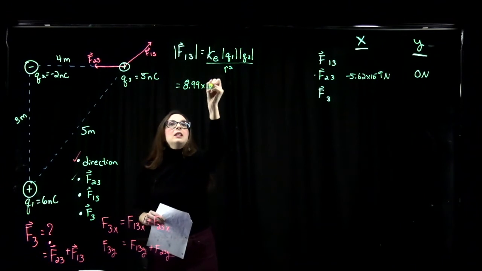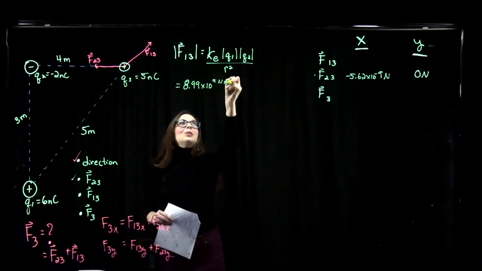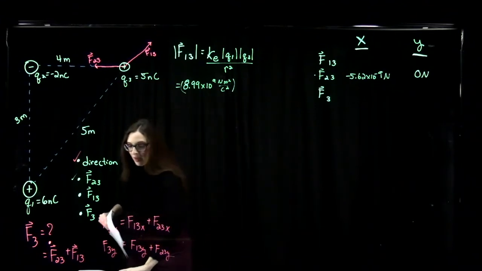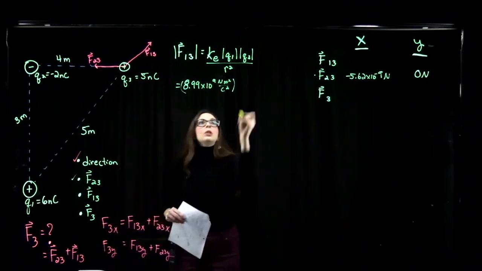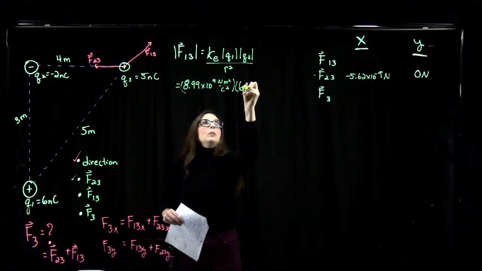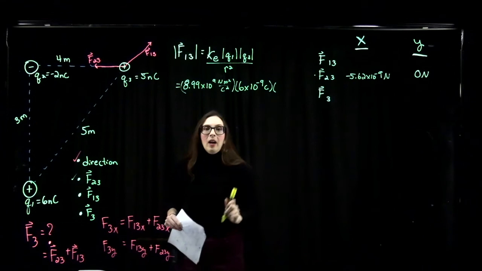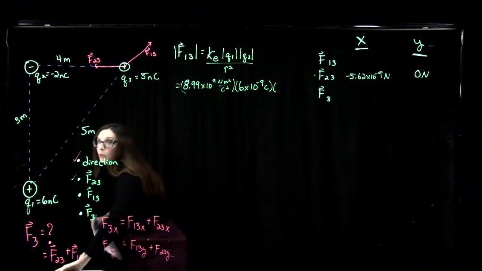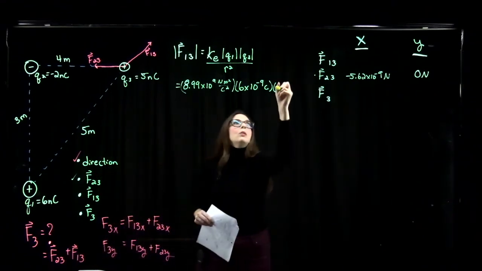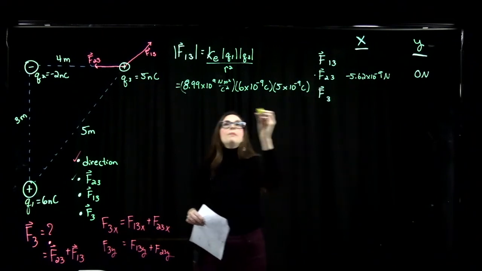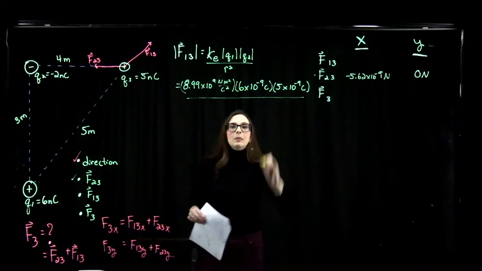8.99 times 10 to the 9 newton meters squared over coulomb squared. And then we multiply it by Q1, which was 6 nanocoulombs, 6 times 10 to the minus 9 coulombs, and times Q3, which was 5 nanocoulombs, 5 times 10 to the minus 9 coulombs. And we divide it by the distance between them squared.